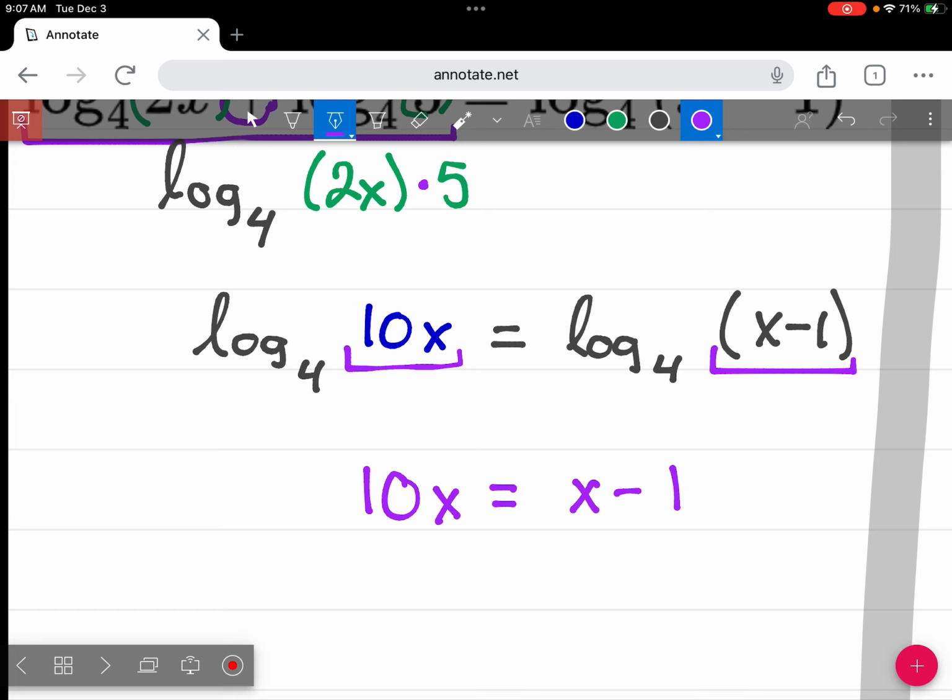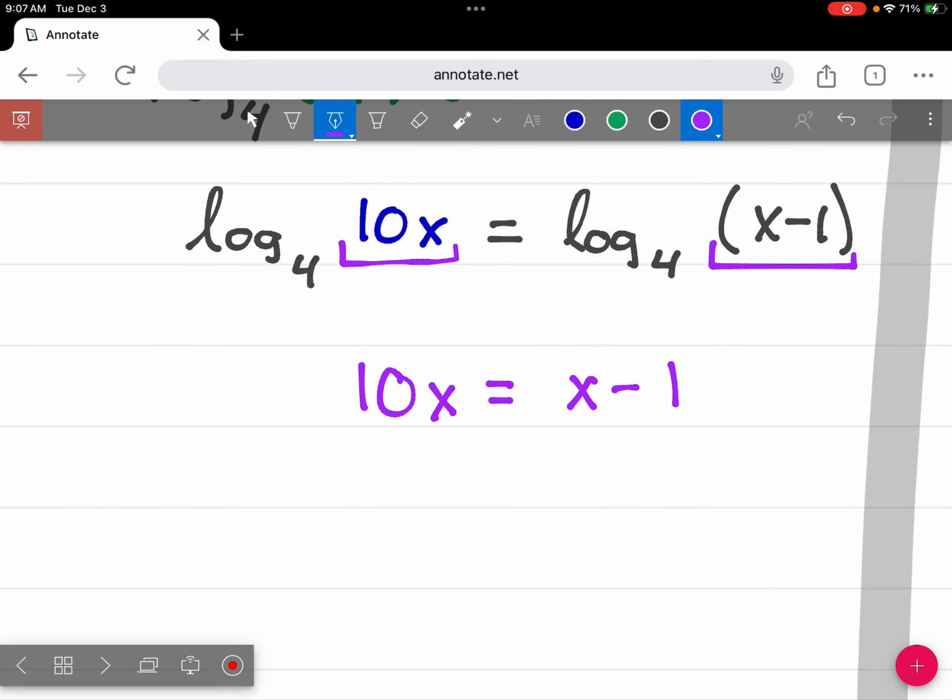So what can I do? Subtract x. So it's going to give me 9x equals -1. So what does x equal? -1/9.